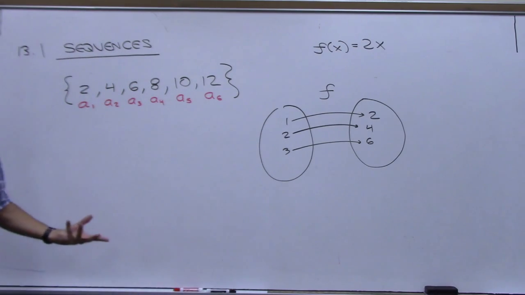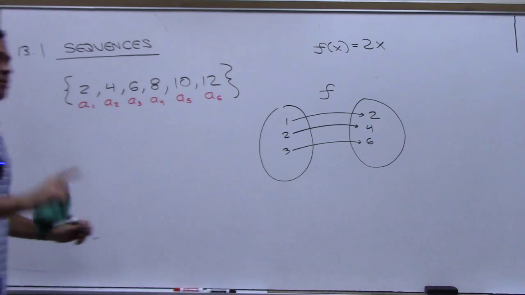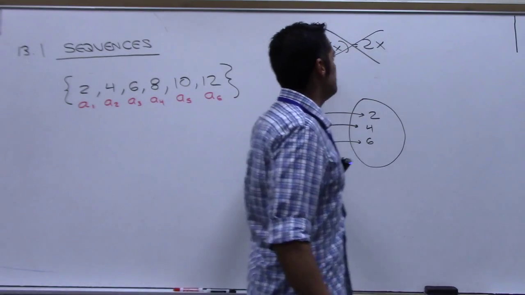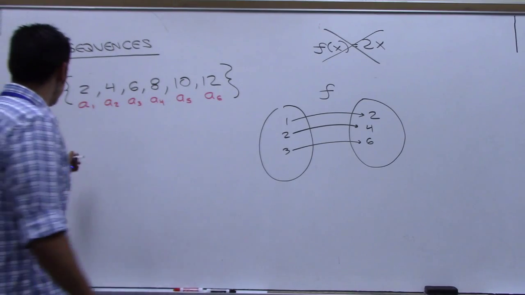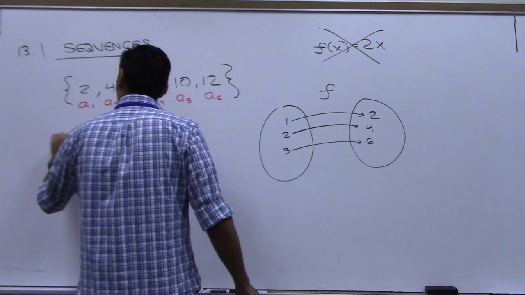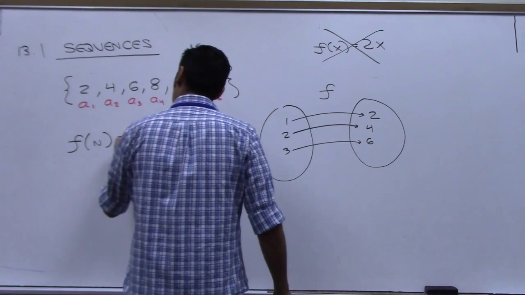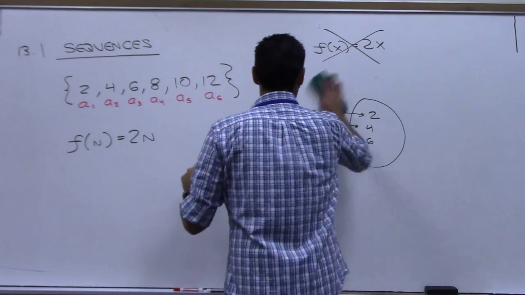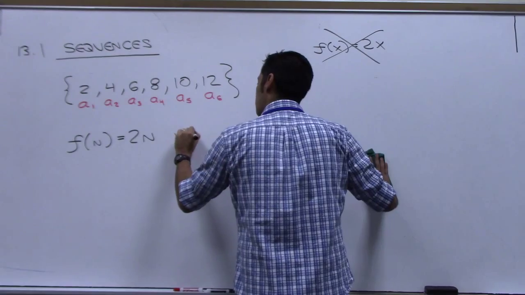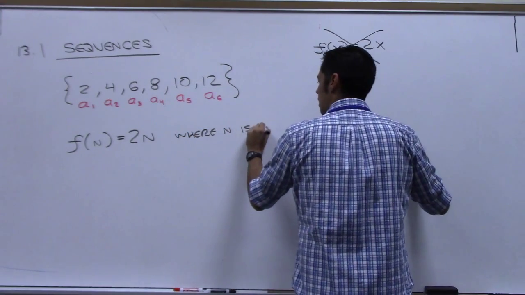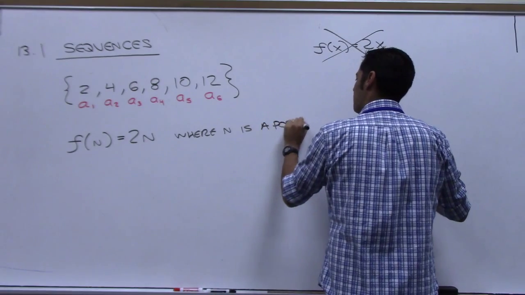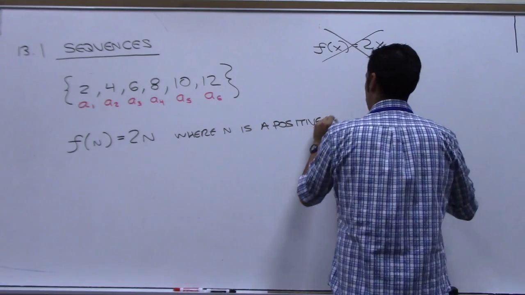So what we do is we use a different notation. We don't use x because x makes you think of all real numbers. We use n instead. So I would write f of n equals 2n, where n is a positive integer.